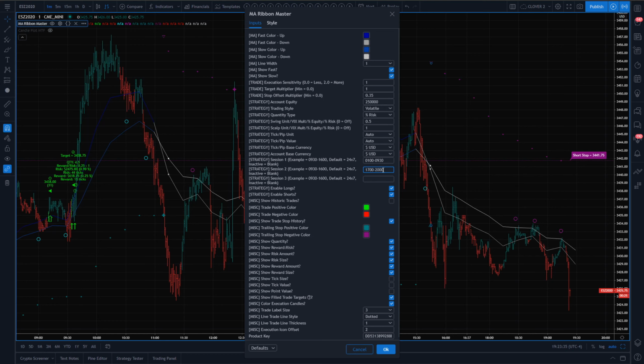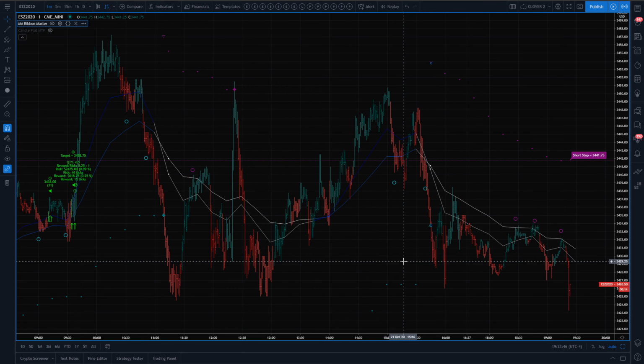So this would be 9 p.m. Eastern time. So it would be 6 p.m. to 9 p.m. Eastern time. Remember, there is an hour offset for Central Time for CME futures. So if we wait for this to reload, these three trades right here should be taken.